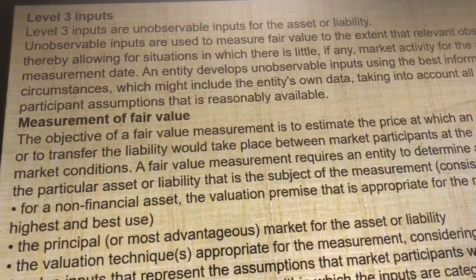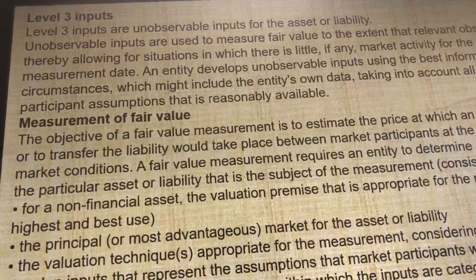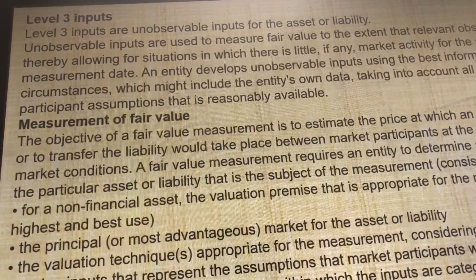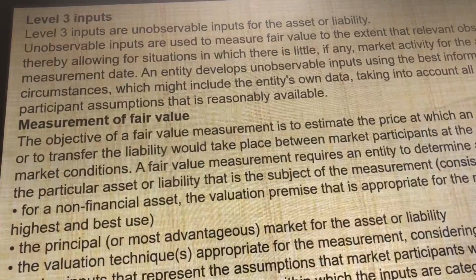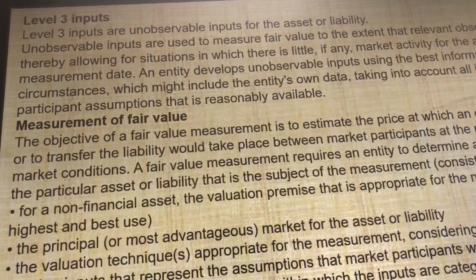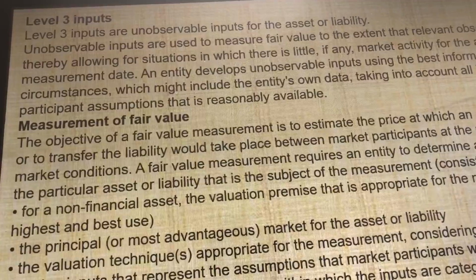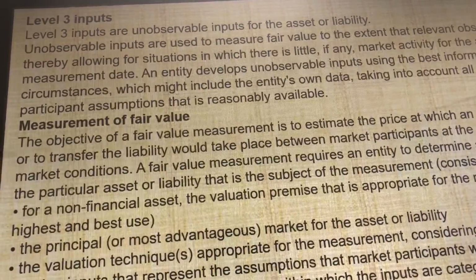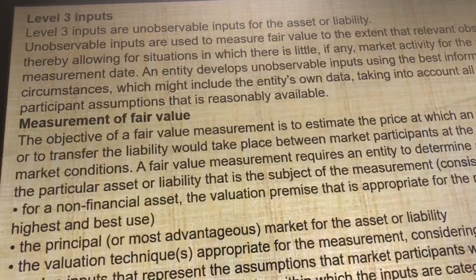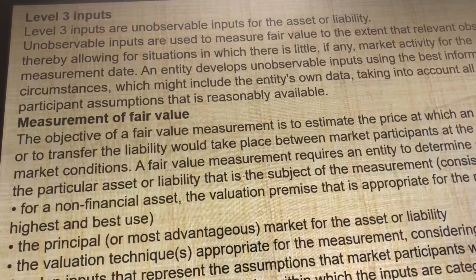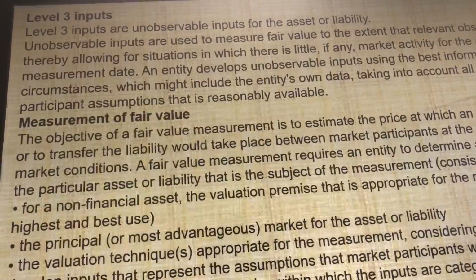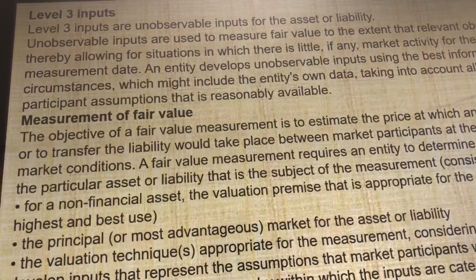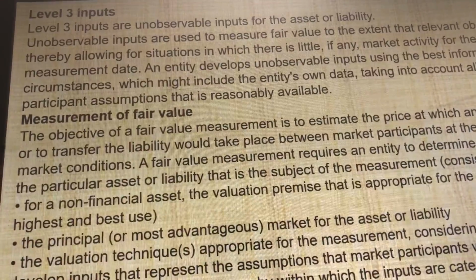And then level 3 is unobservable inputs for the assets or liabilities. So unobservable inputs are used to measure fair value to the extent that reliable observable inputs are not available, thereby allowing for situations in which there is little, if any, market activity for the assets and liabilities at the measurement date.